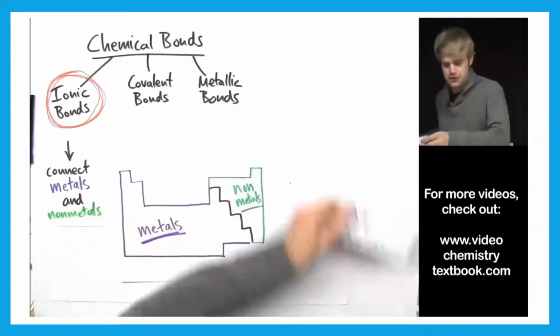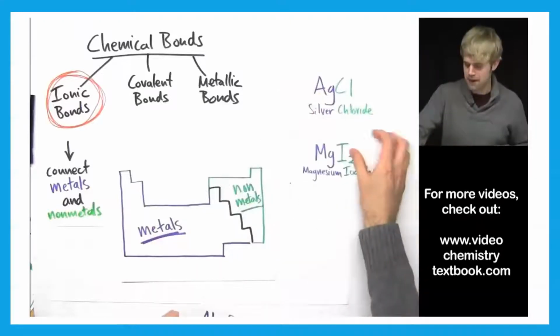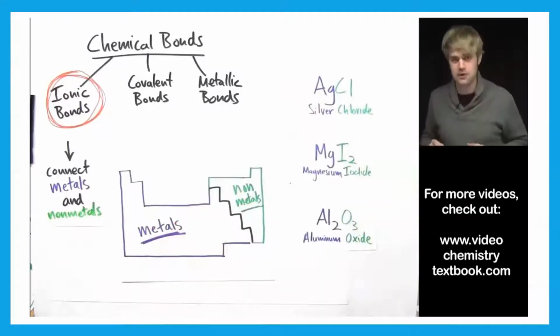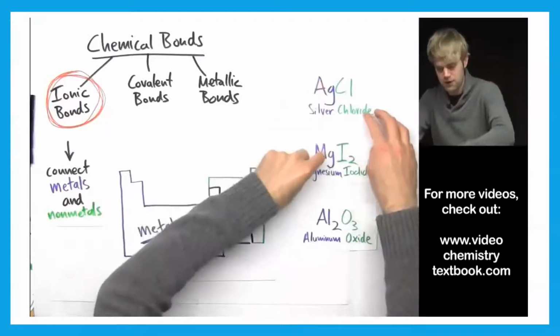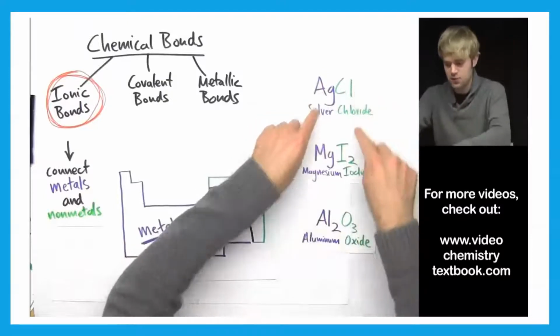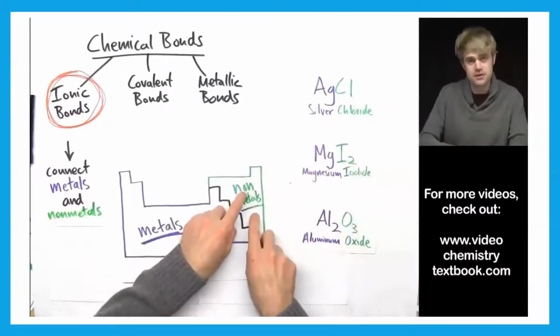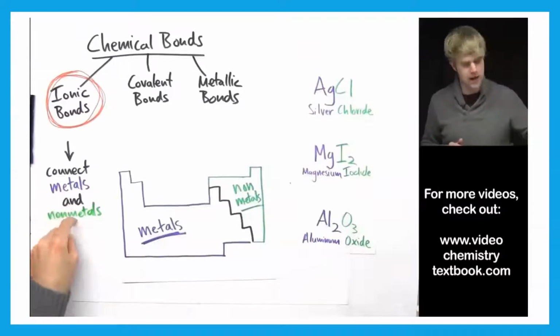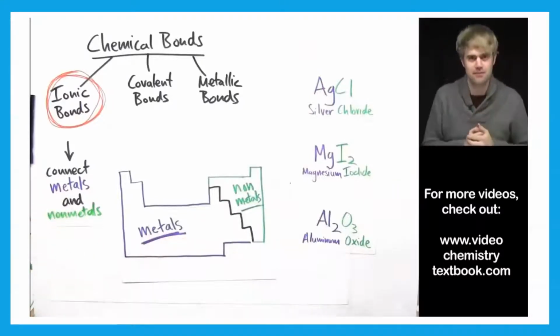So some examples are silver chloride, magnesium iodide, or aluminum oxide. Each one of these chemicals has a metal from this side of the periodic table, with a non-metal from this side. So ionic bonds in all these because there are metals and non-metals connected together.